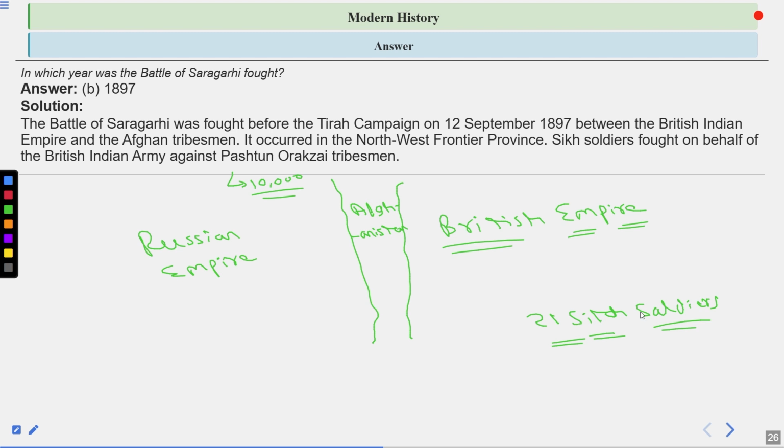These 21 Sikh soldiers fought bravely and held the Pashtun tribes for a day. Then reinforcement came from other branches of the British Indian Army, and the fort, defended by the Sikh soldiers, foiled the campaign of the Pashtun Orakzai tribe to capture Saragarhi.